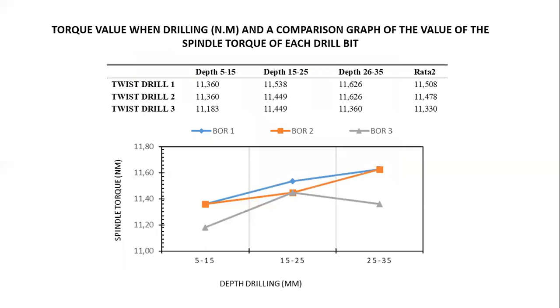Then the torque value when drilling in Newton meters, and a comparison graph of the spindle torque value of each drill bit. The measurement result of the spindle load converted into torque value is shown in the table. The results show that splitting nick on the second and third drill bits results in lower spindle torque values compared to drilling without splitting nick.